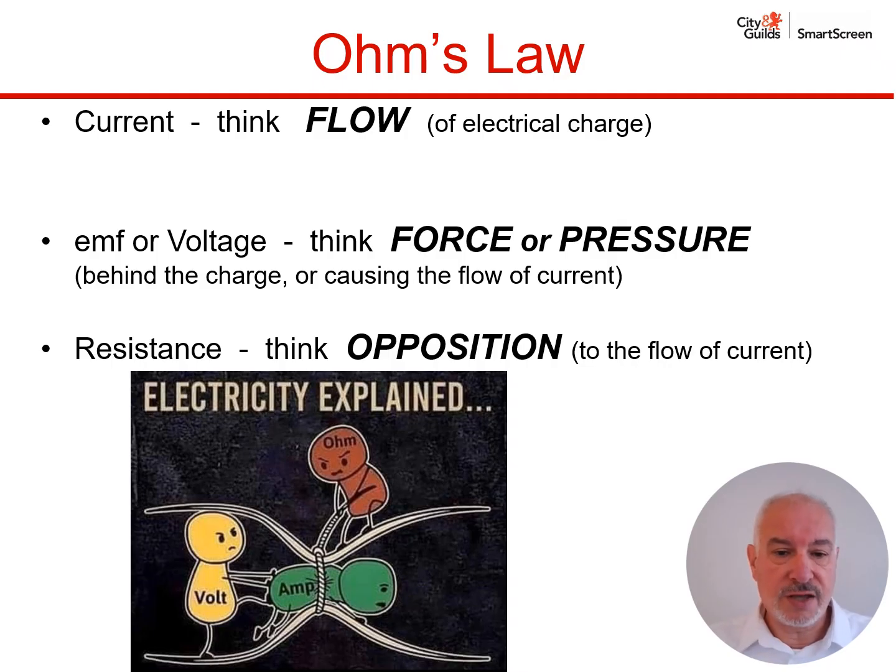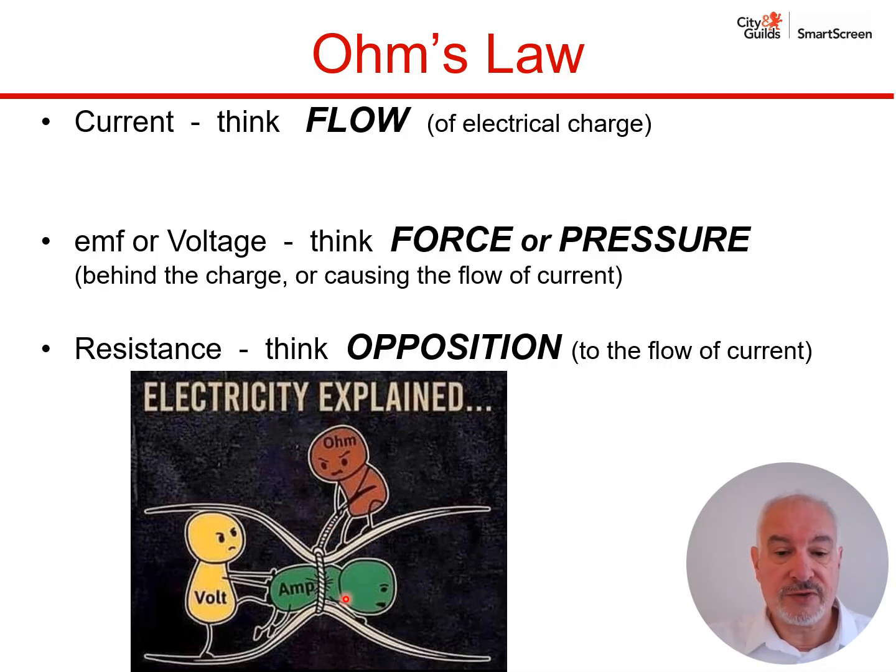And I've got a little cartoon drawing there that helps us to visualize these three concepts in relation to each other. This represents the conductor, and it's being squeezed by the resistance. There's a little cartoon character called ohm, and the resistance is reducing the flow of current.